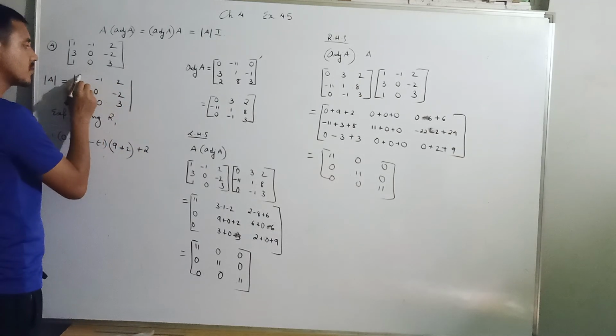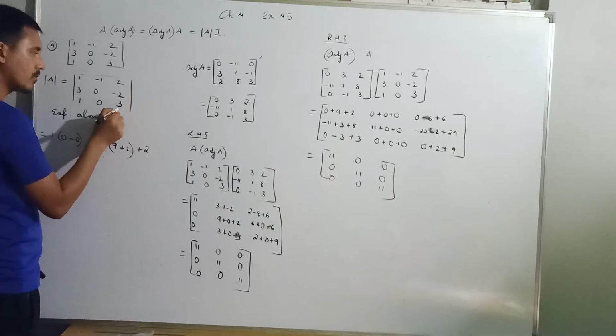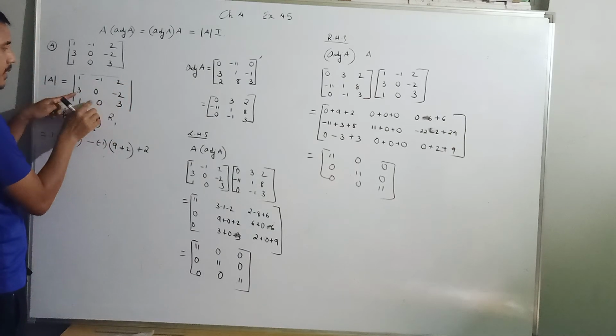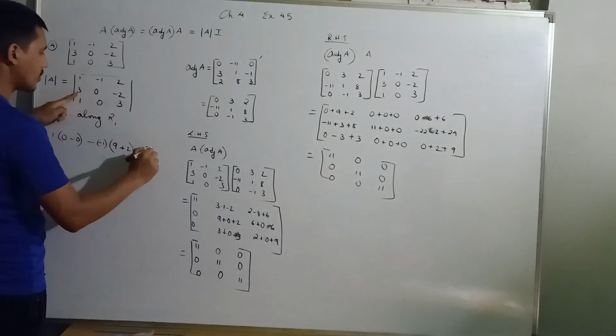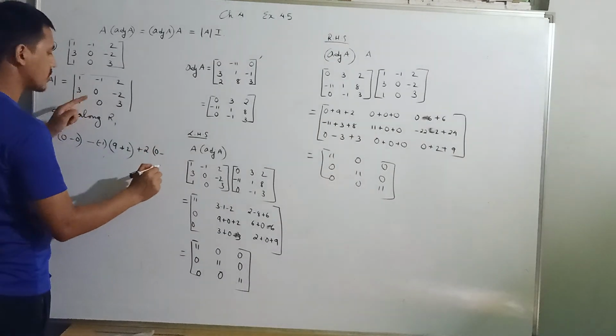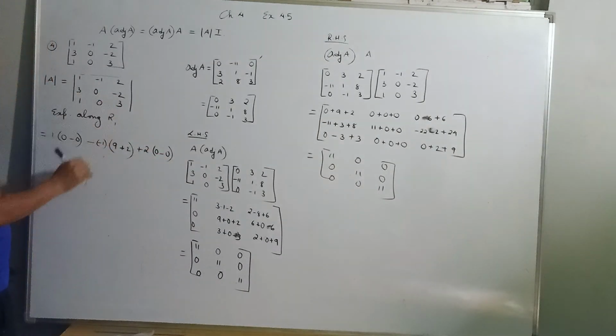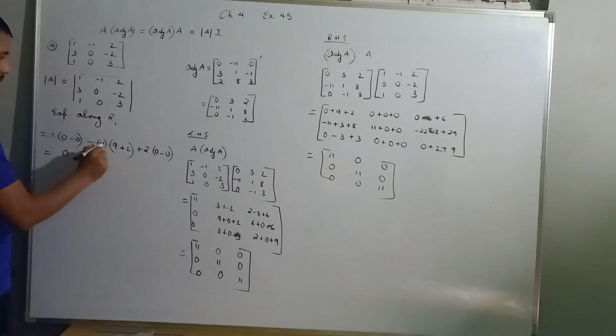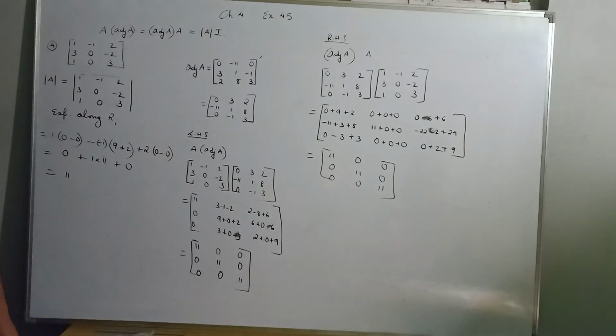Now this element belongs to the first row, third column, so neglecting that, we cross multiply the remaining elements. 3 into 0, 0 minus 1 into 0, 0. So 0 minus minus plus 1 into 11 plus 0. So that's 11. Right?